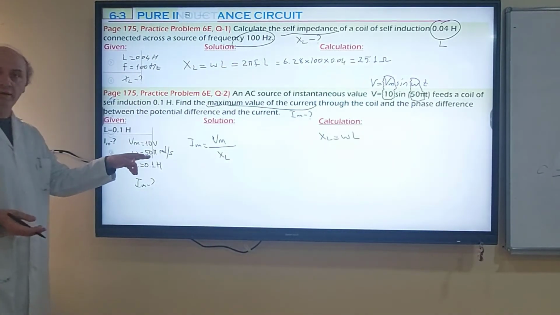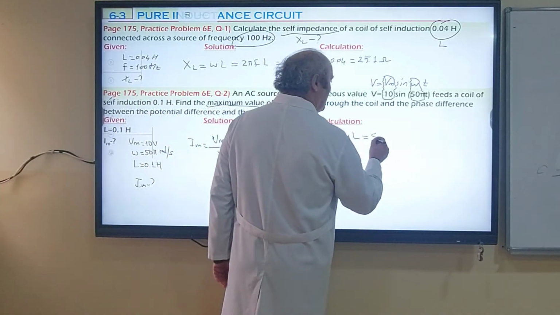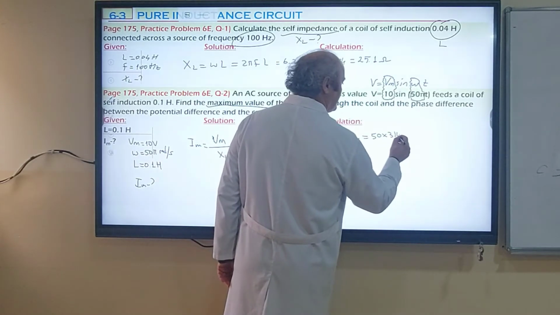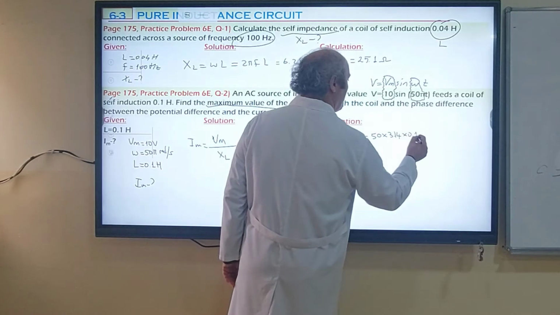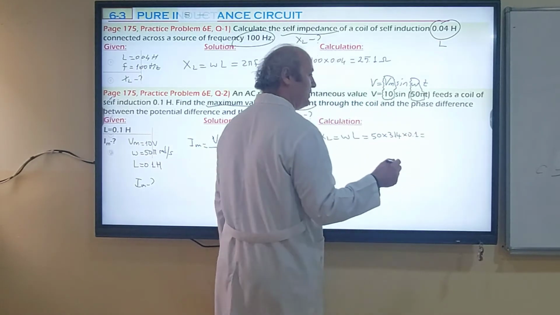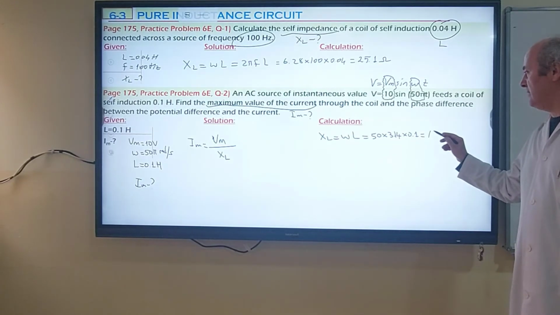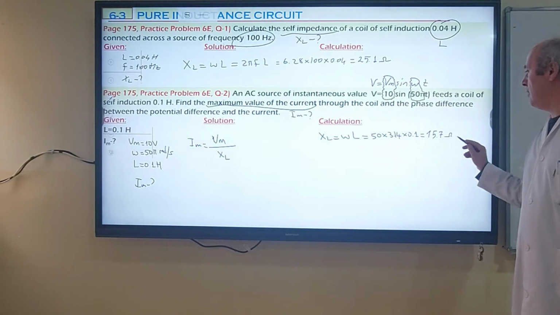Omega is 50 pi, L is 0.1, multiply them. 50 pi, pi is 3.14, L is 0.1. When we multiply them all, the result is going to be 15.7, I think. Yes. 15.7 ohm.